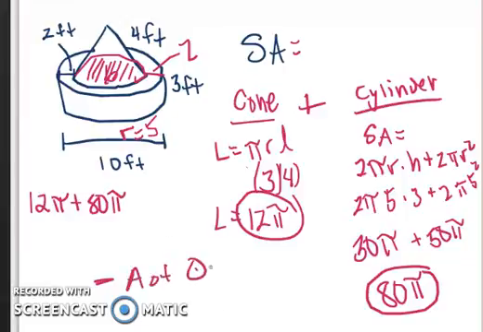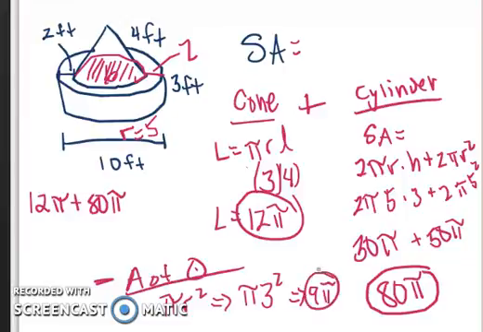The area of a circle is just pi r squared, which in this situation would be pi times 3 squared, or 9 pi. And that's what I'm going to subtract from here, 9 pi. Once we do all of that together, we should come up with 83 pi, which is our final answer.